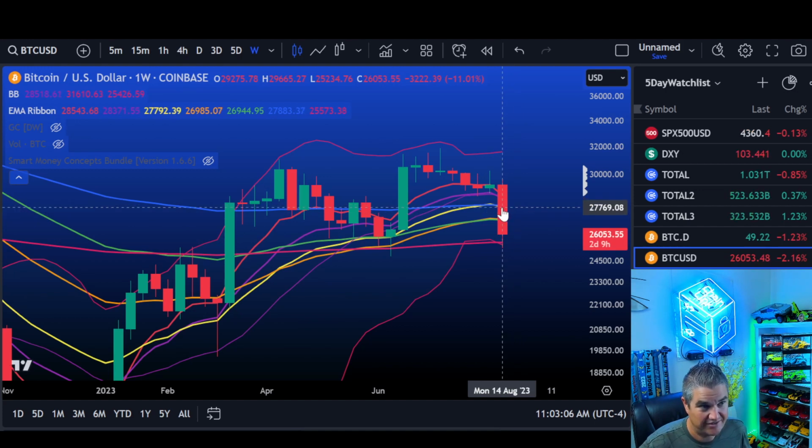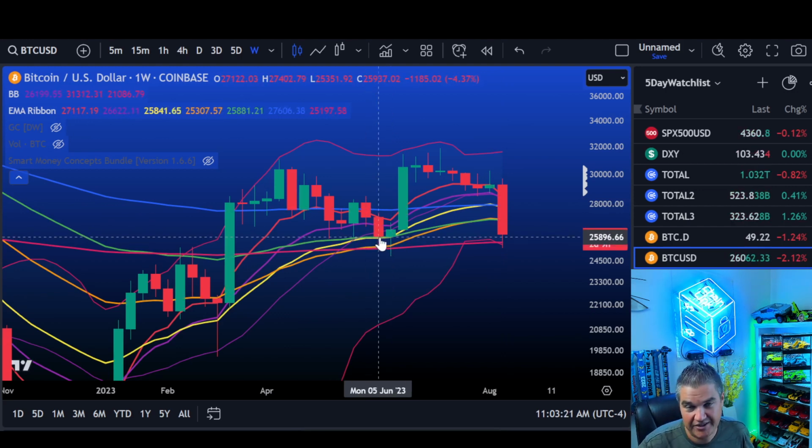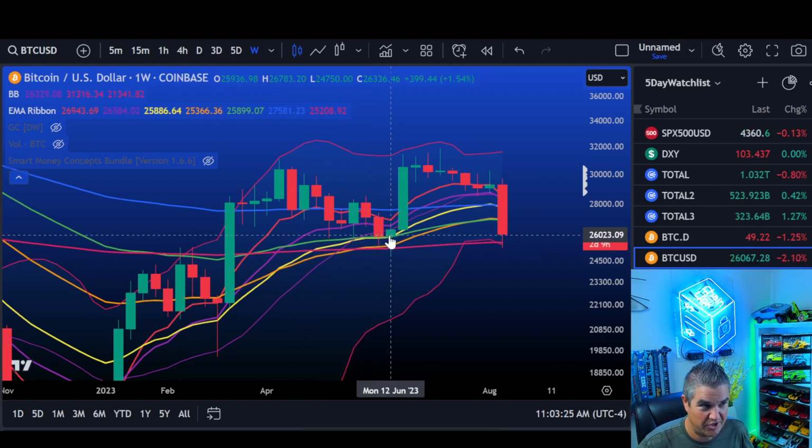Ideally, to maintain super bullish momentum going into next week and the weeks following, we need to close back above the 21 week. If you're closing a weekly candle, or a daily on any time frame, below the yellow line, and I color it yellow because yellow is the easiest color for the human eye to see.